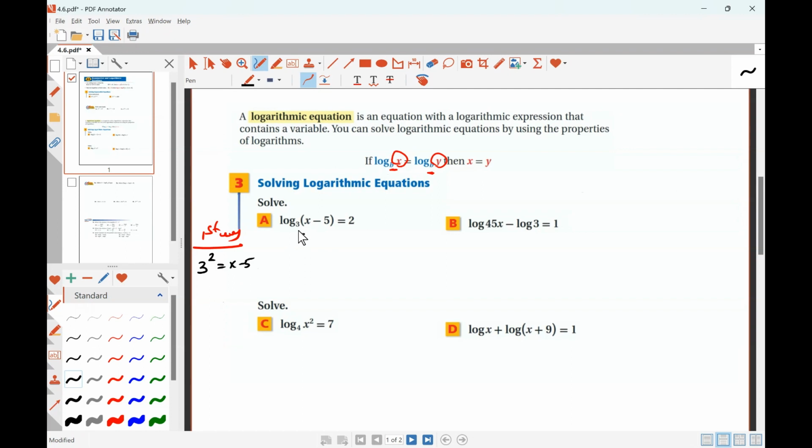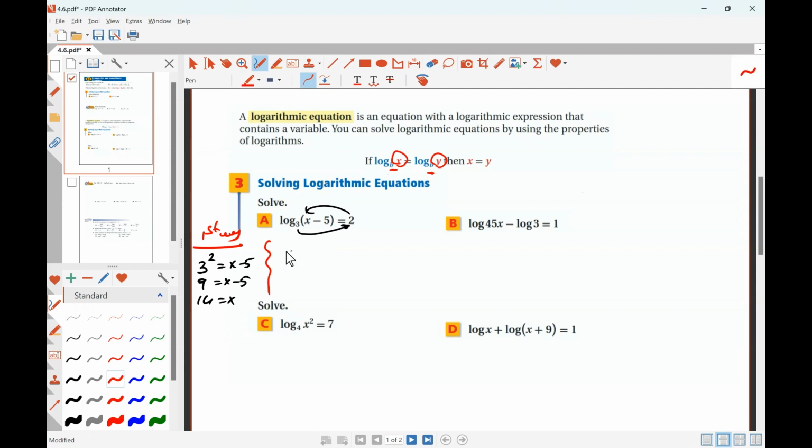Remember, start with the base, go to the other side, and come back. You follow this rotation. 3 squared equals x minus 5. 3 squared is 9. 9 is x minus 5. Bring negative 5 to the other side. So x becomes 14. That's a way.